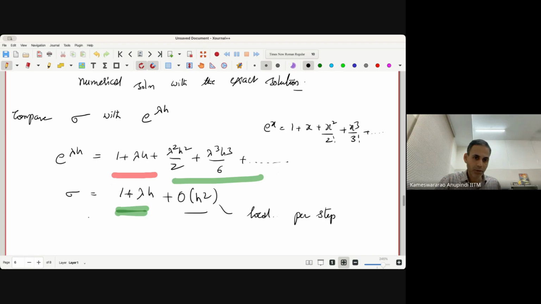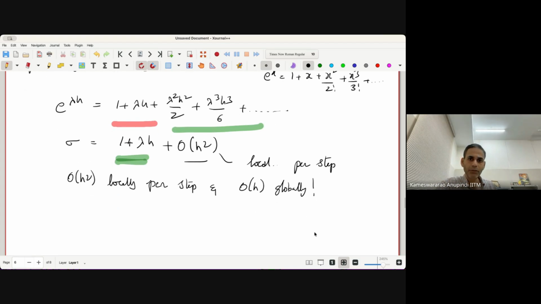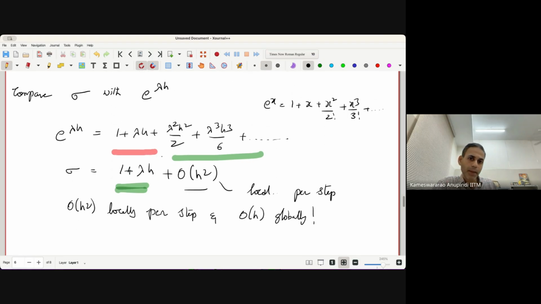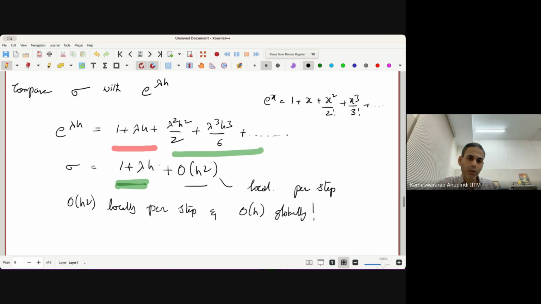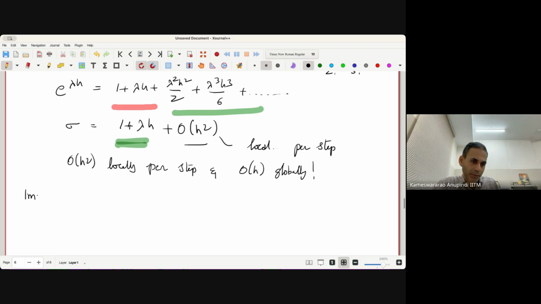So that means it has an order of accuracy of order h squared locally per step and has first order accuracy globally. Okay, fine. So then from now on, let's look at the implicit Euler method.